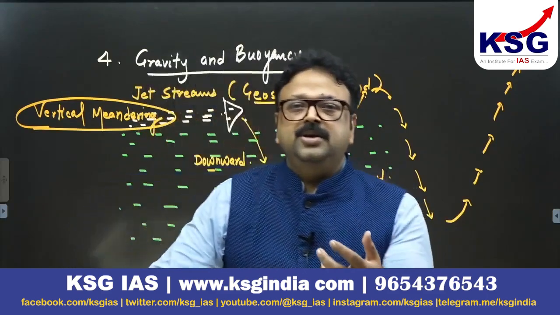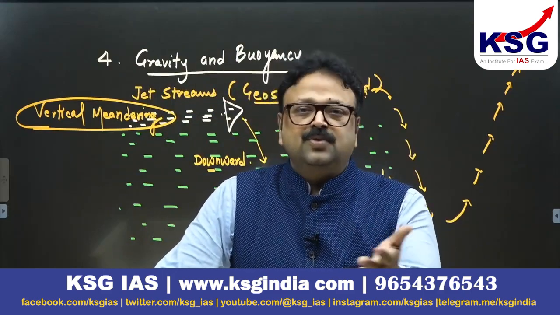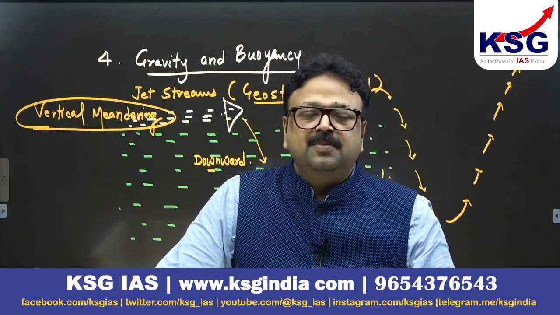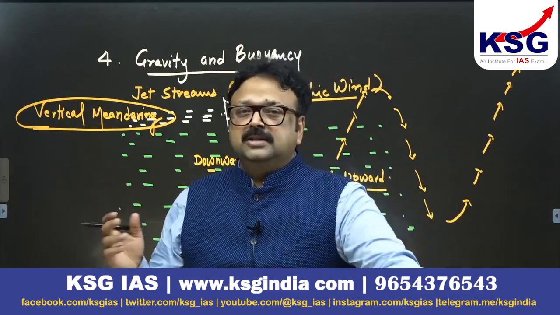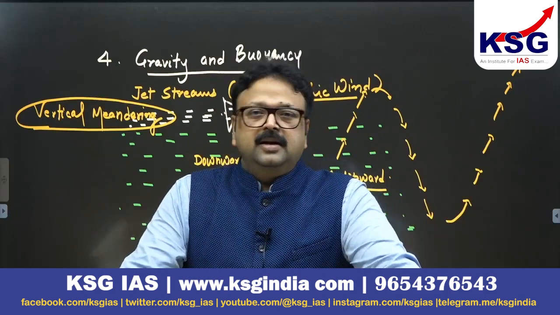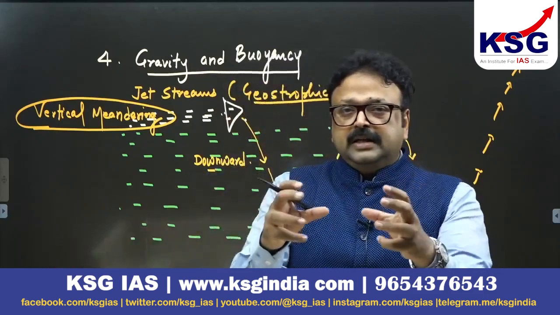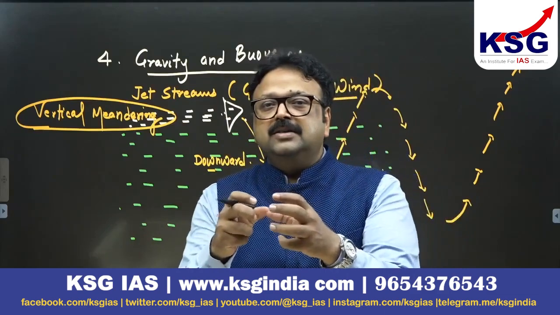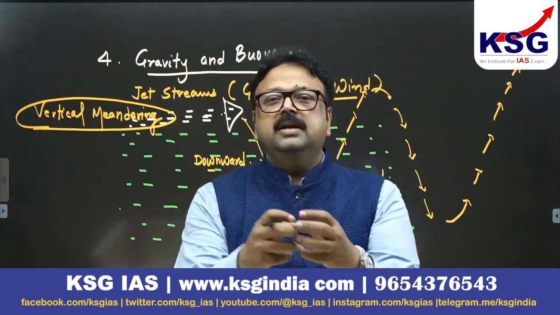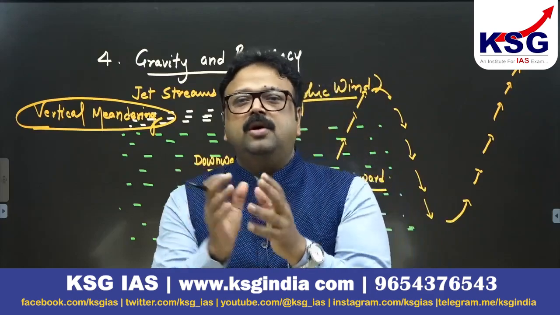Role of the jet stream in the Indian monsoon, the local jet stream, that is what we call the easterly jet stream. We'll discuss the role of the jet stream in the Koteshwaram theory of development of monsoon in the class in detail. So all these phenomena have a sequence, they have a link, there is a definite cause and effect model.